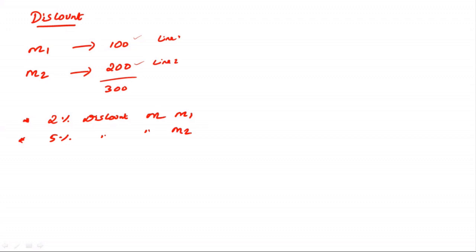Then this becomes 98, this becomes 190, and the total value of the PO will be 288. This is one option.